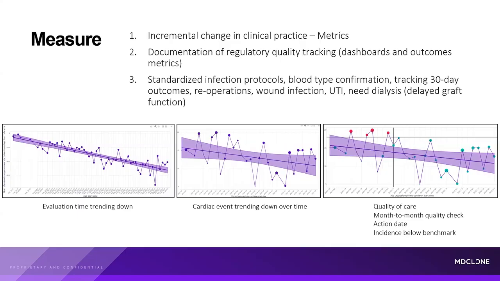So by looking at the documentation, we created some dashboards and outcomes metrics so that we could create long-term strategies for continuous quality assessment and performance improvement. As we decided on what we're going to change, we created standardized protocols, for example, infection protocols and blood type confirmation.